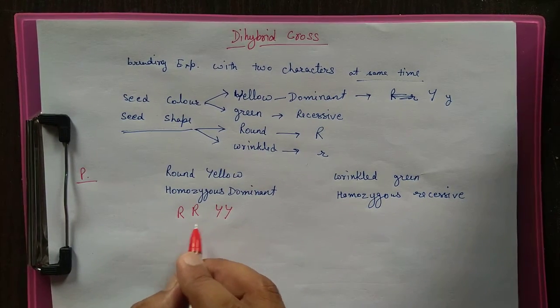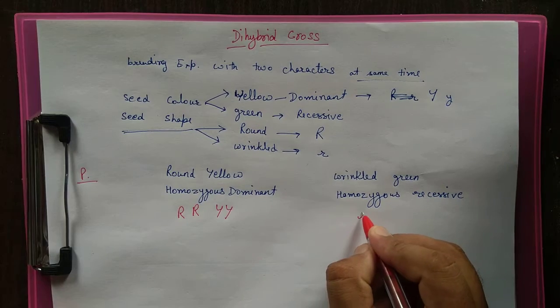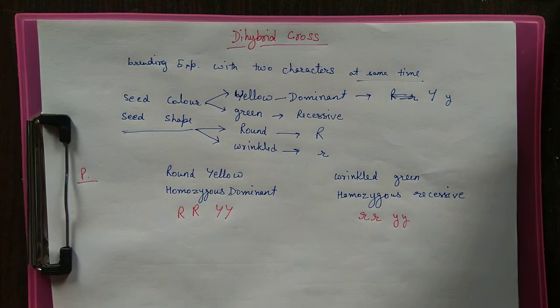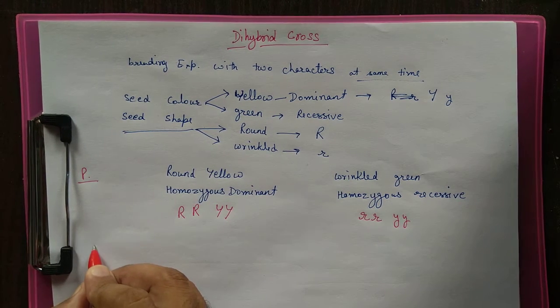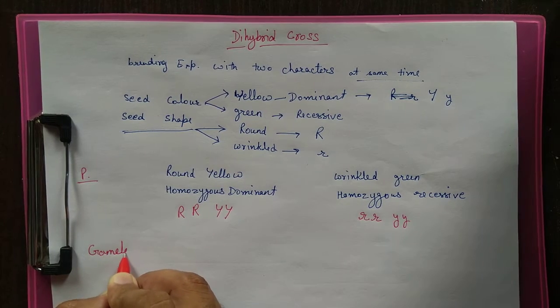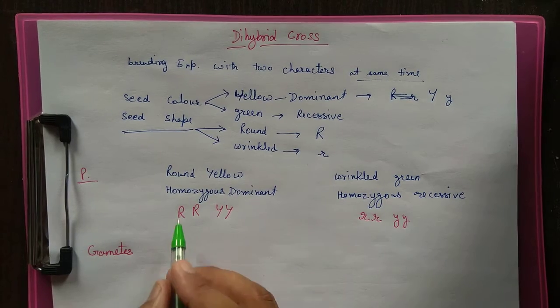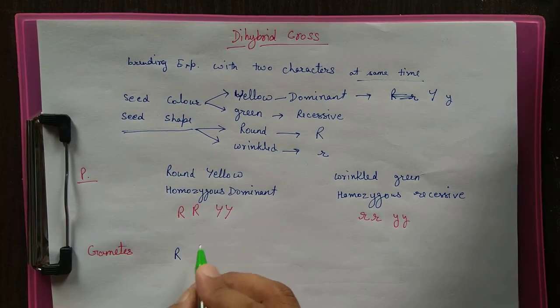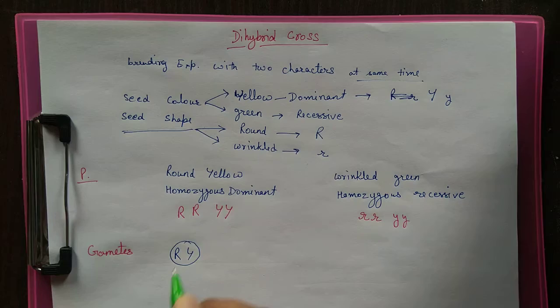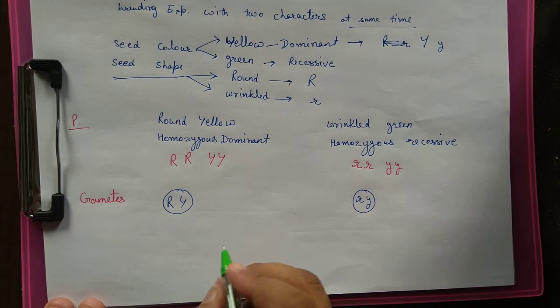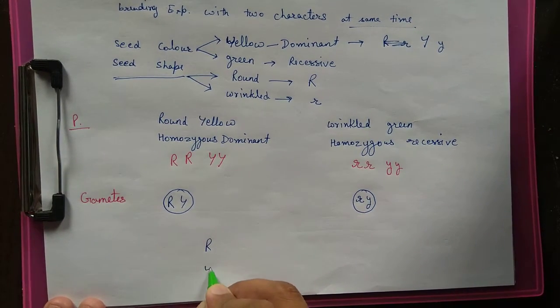Because we are taking two characters at the same time, if we cross them, first we make gametes. The gametes will be here, one from this one and this one, during gametogenesis. After gametogenesis, we take the cross into a Punnett square.